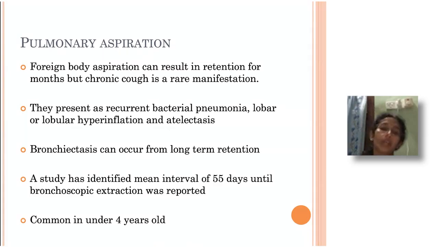It should present as recurrent bacterial pneumonia, lobar or lobular hyperinflation, and atelectasis. Bronchiectasis can occur from long-term retention. One study identified a mean interval of 55 days until bronchoscopic extraction was reported. It is common in children under 4 years old.